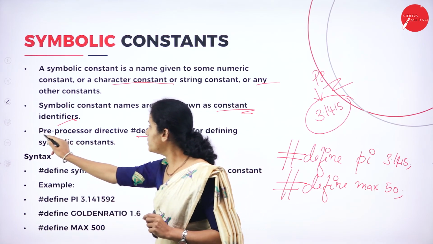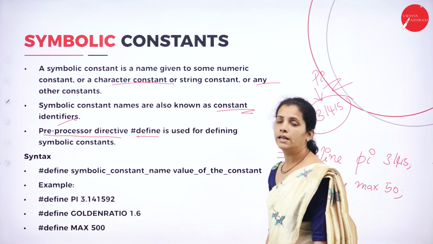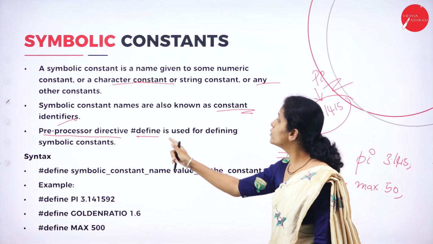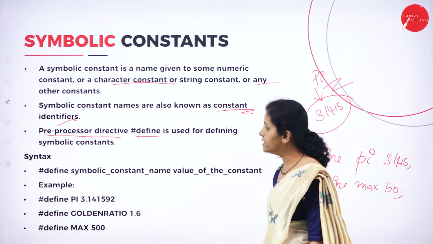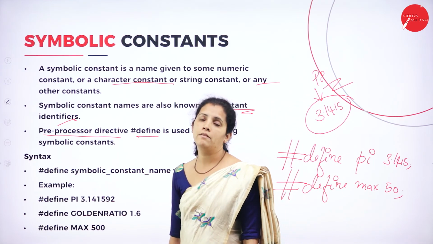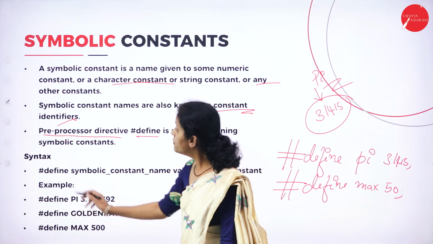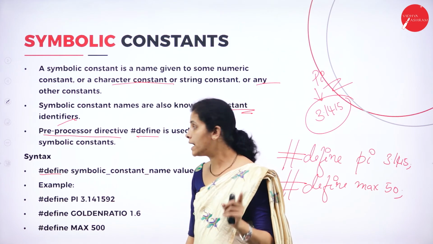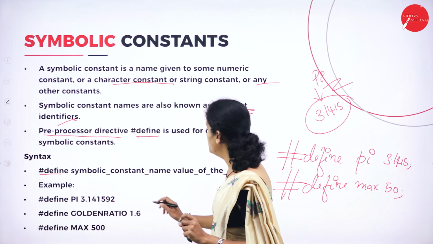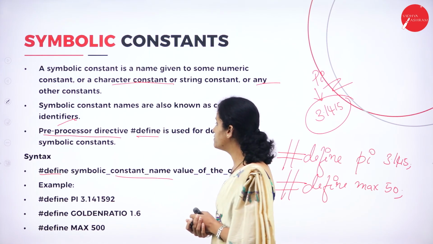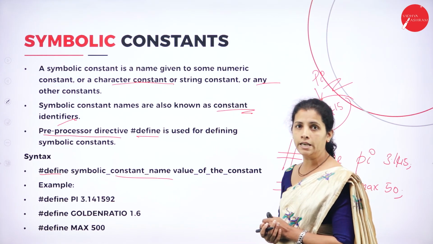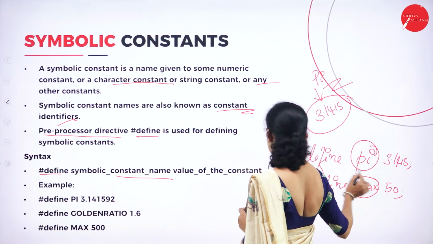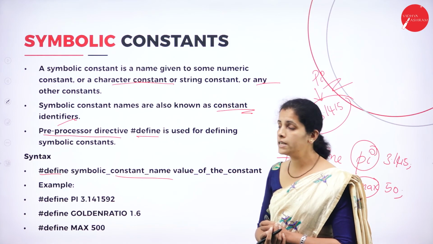Now, preprocessor directives. That means to define any symbolic constant in my program, I make use of the hash define directive. Here is the syntax. First I want to use hash define, which is nothing but my preprocessor directive. Along with that, I want to specify the symbolic constant name. If I consider this example, pi as well as max are the symbolic constant names.